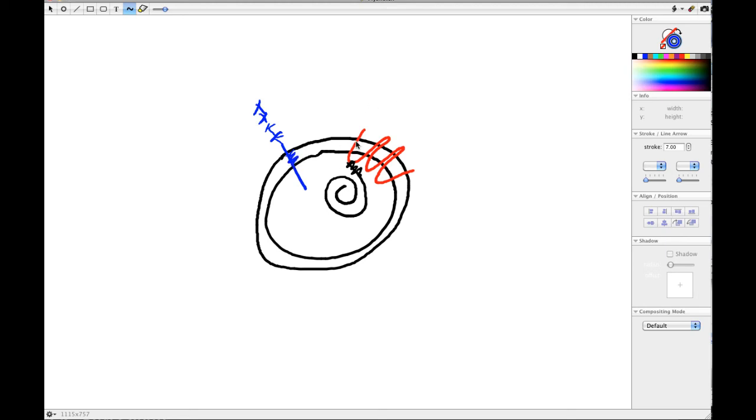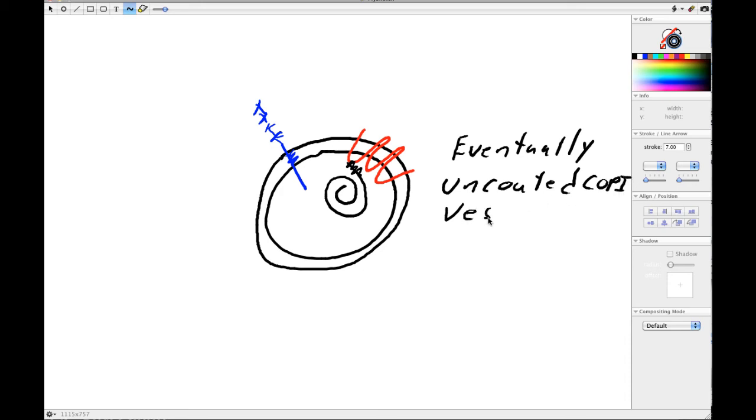And then this goes on to eventually, the uncoated COP1 vesicle will dock and fuse with the ER.